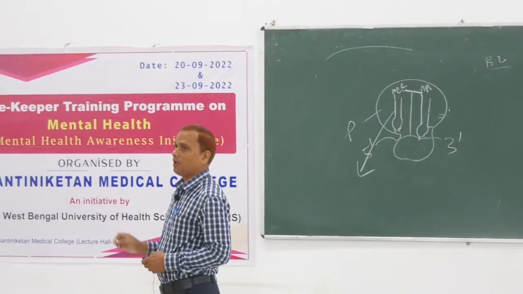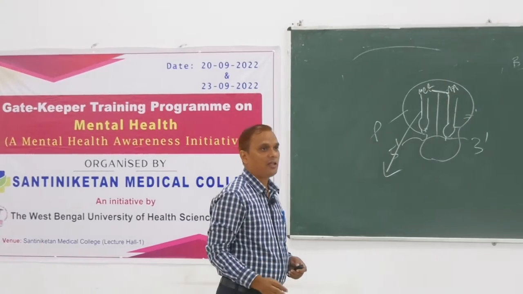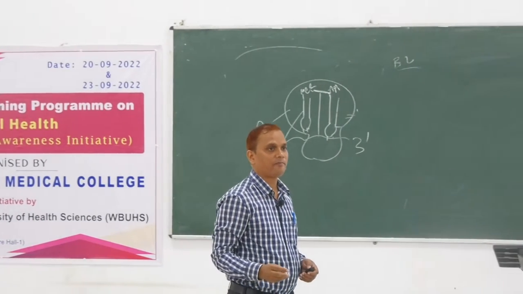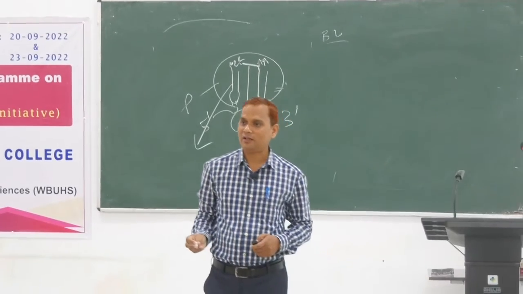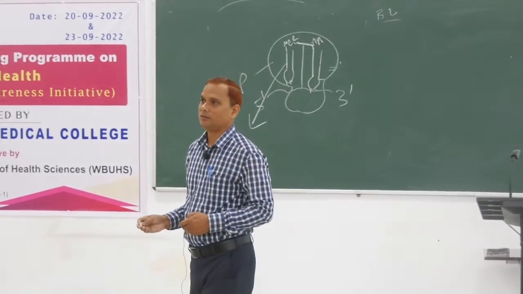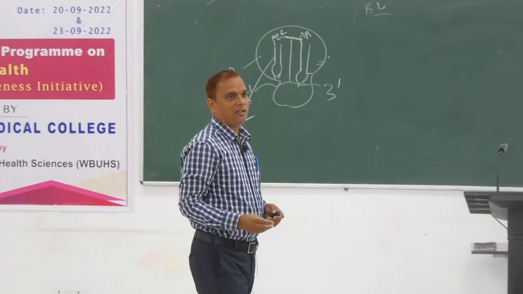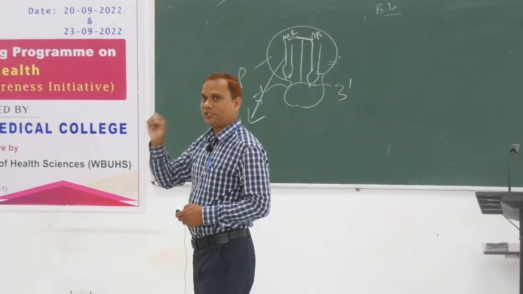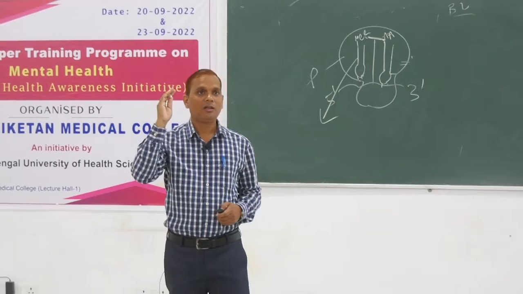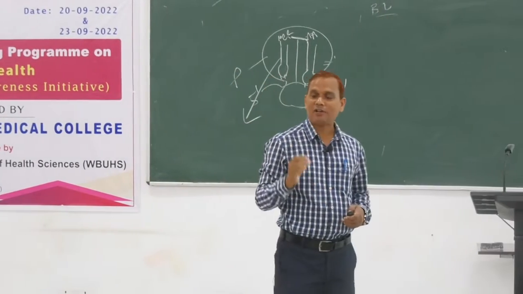In eukaryotes, diphtheria toxin. Diphtheria is caused by Corynebacterium diphtheriae. So how will this diphtheria toxin work? How will it block?